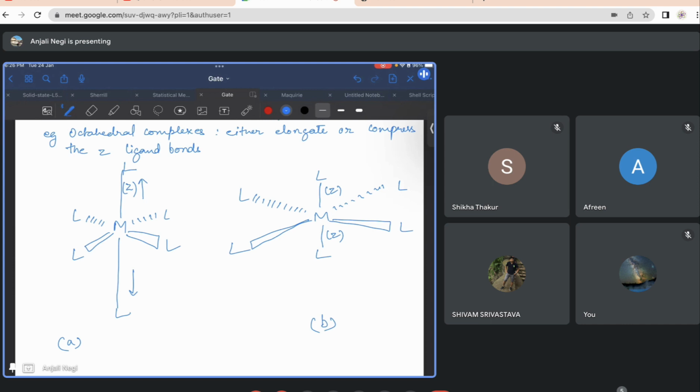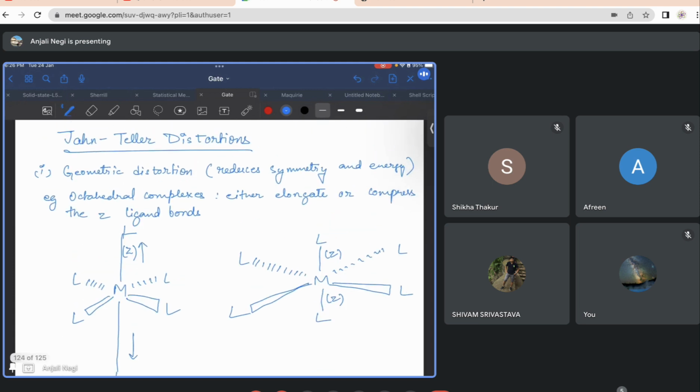These are the two phenomena we observe in our octahedral complex, and these are the consequence of reduced symmetry and reduced energy, or the geometry distortion.